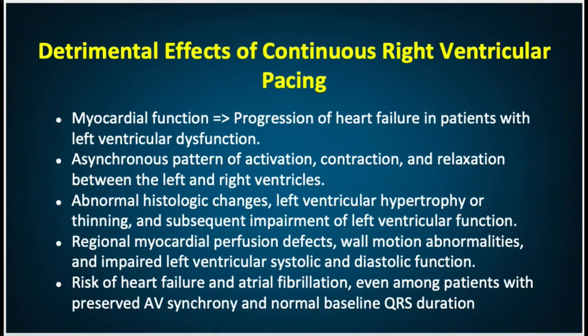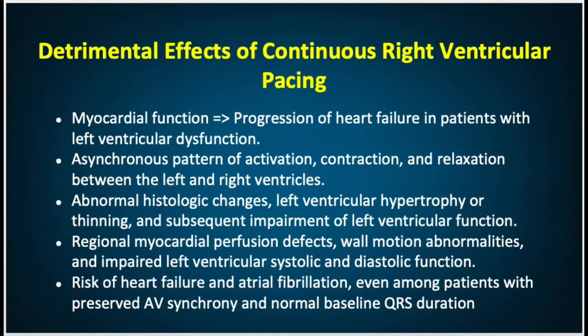In patients with complete AV block and normal ventricular function at the time of permanent lead implantation, chronic right ventricular pacing may induce regional myocardial perfusion defect, wall motion abnormality, and impaired left ventricular systolic and diastolic function.